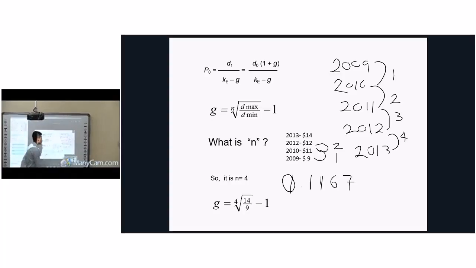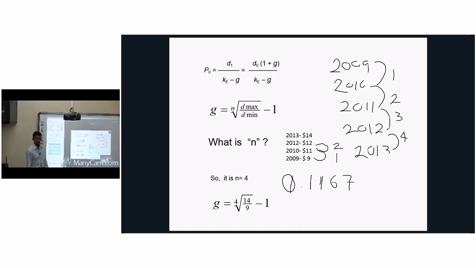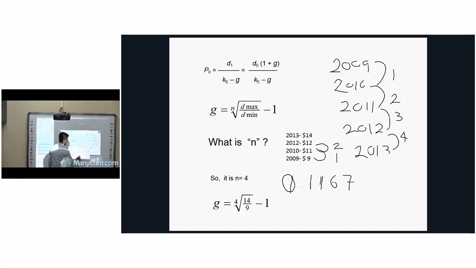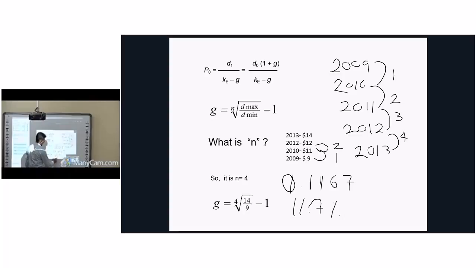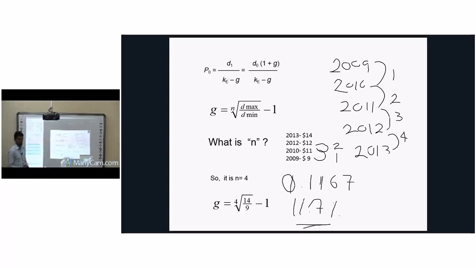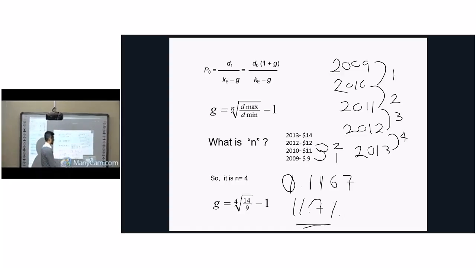Okay, so what is the percentage? 0.1167 means the growth rate is 11.7%. The growth rate is 11.7%. So we can use that 11.7% to calculate the value. So we got 11.7%.